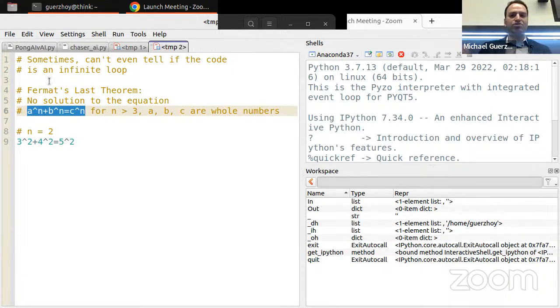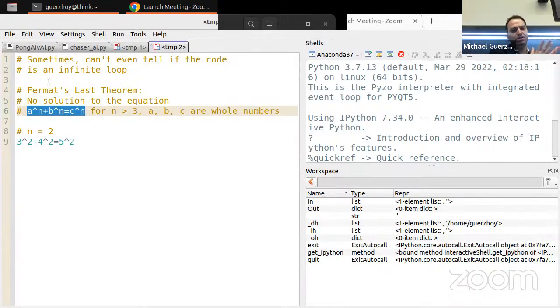And he famously wrote, I have found an ingenious proof for this proposition. However, the margin of this book is too narrow to contain it. So it was written on a page of a book where he said, I've proven it, but I'm not going to tell you how. And then it took until the 21st century for people to actually figure out how to prove it. Okay, so that's the math.